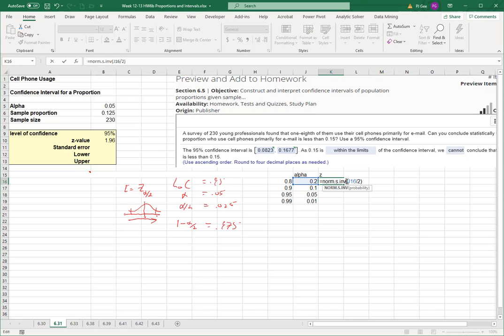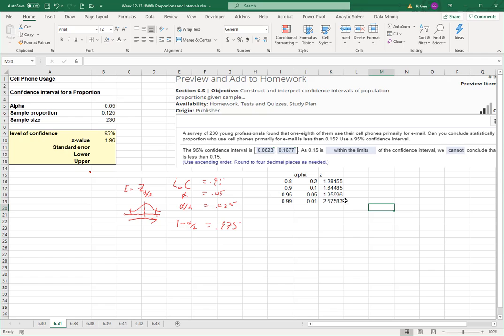All this does is give us the positive version of the z. So here are our different z's. Z gets larger as our level of confidence goes up.